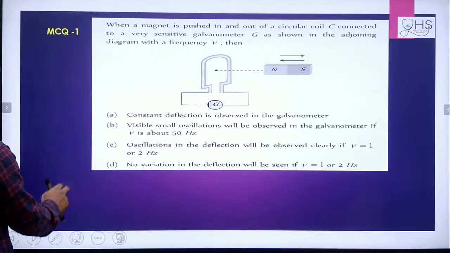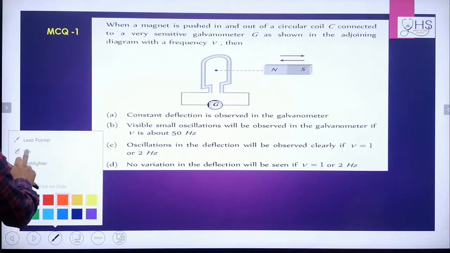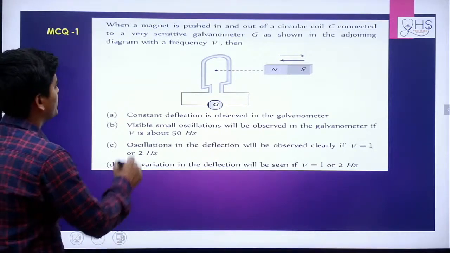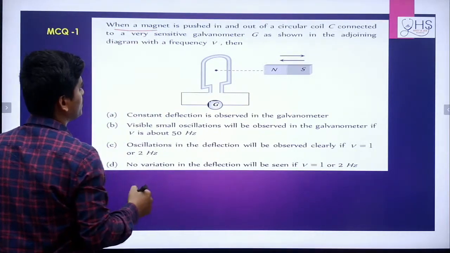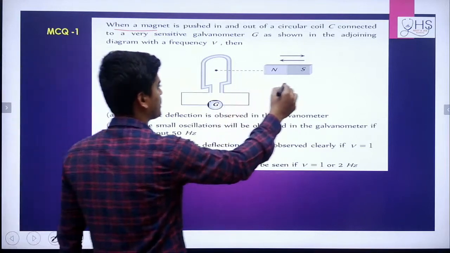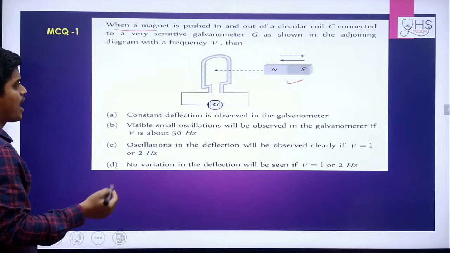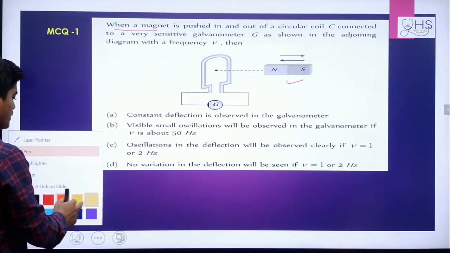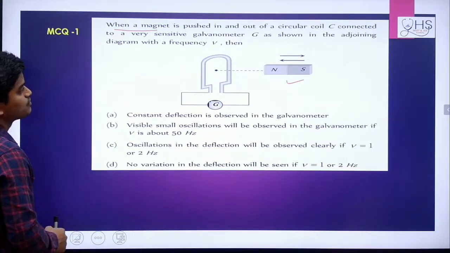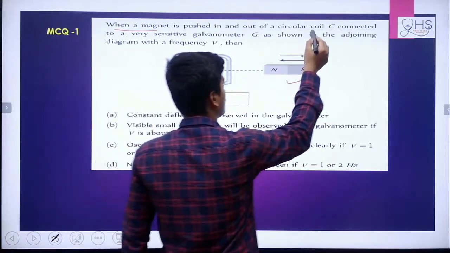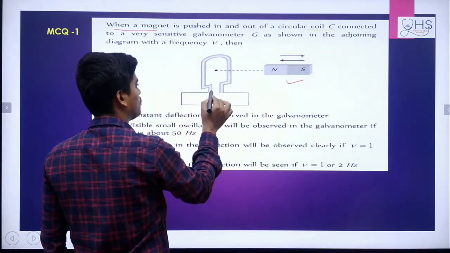So try to understand question number 1. Here it is given that a magnet, with north and south poles, is pushed in and out of a circular coil. Here one circular coil is there.